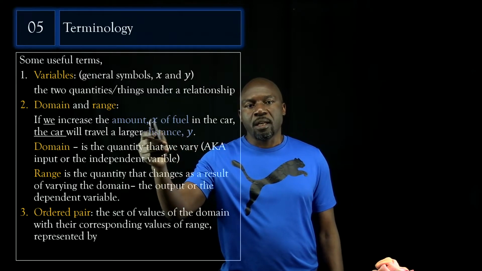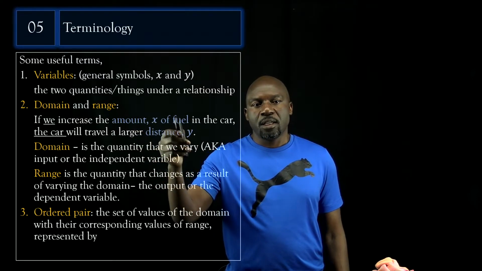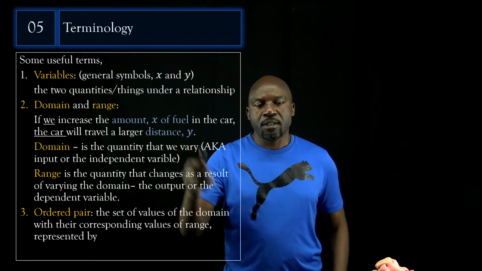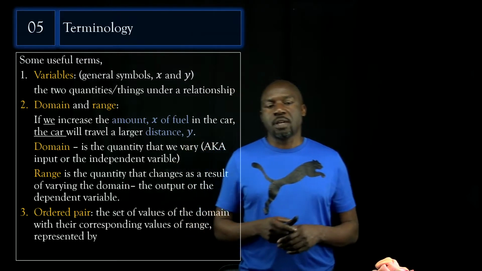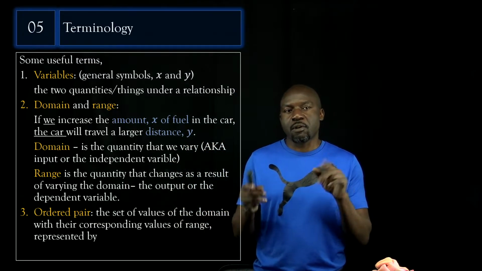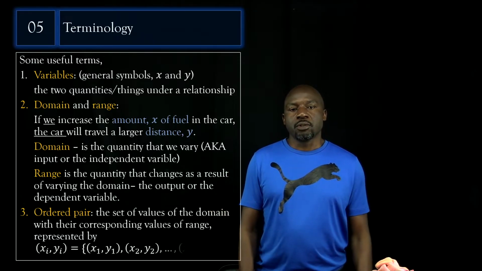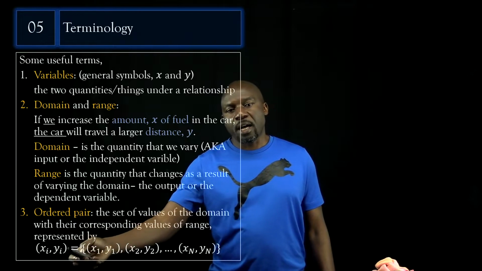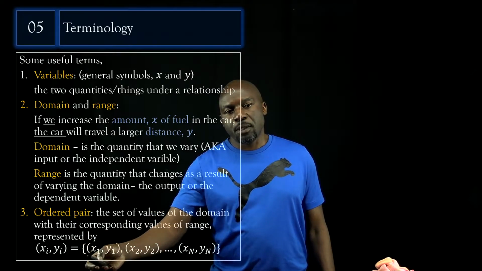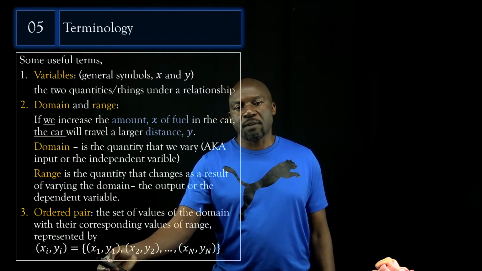So here, the amount of fuel we add and the distance traveled form what we refer to as an ordered pair, x, y, like a coordinate system. Okay? So we could say xi, yi. If the fuel we put in is 0, the distance we cover will be 0.